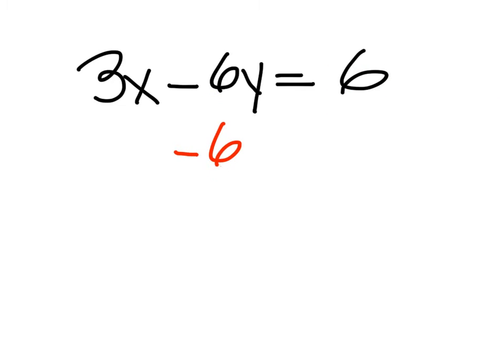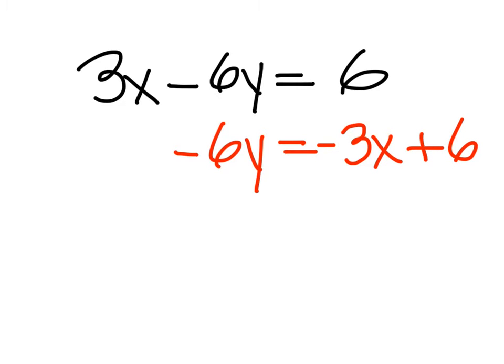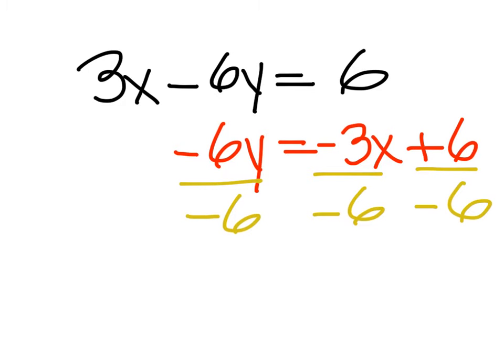Leave the negative 6y where it's at and move the 3x to the right, change the sign. Keep your plus 6. Divide everything by negative 6. Negative 6 is canceled.